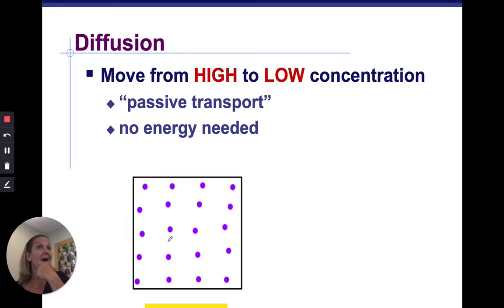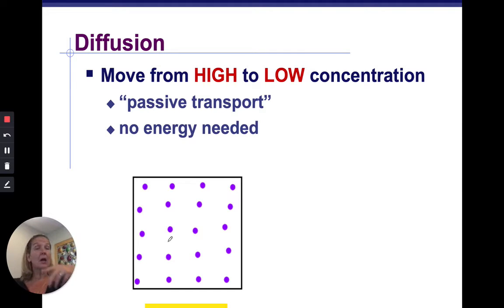So we convert glucose to ATP that then we use in other places. However, we don't have to use ATP in order for diffusion to occur. It happens passively, so it does not need any input of energy for this to happen.